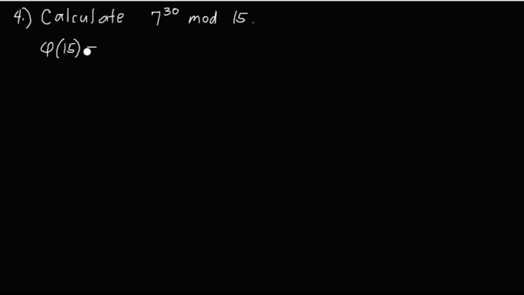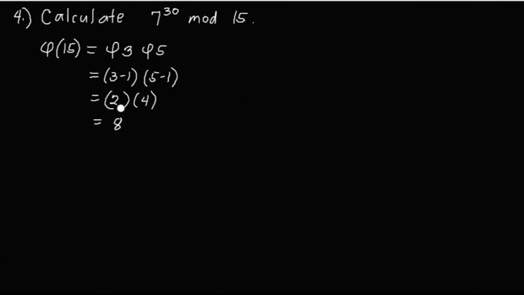Applying rule number 3, phi of 15 is phi of 3 times phi of 5. Phi of 3 is 3 minus 1, phi of 5 is 5 minus 1. 3 minus 1 is 2, and 5 minus 1 is 4. So the phi of 15 is equal to 8.